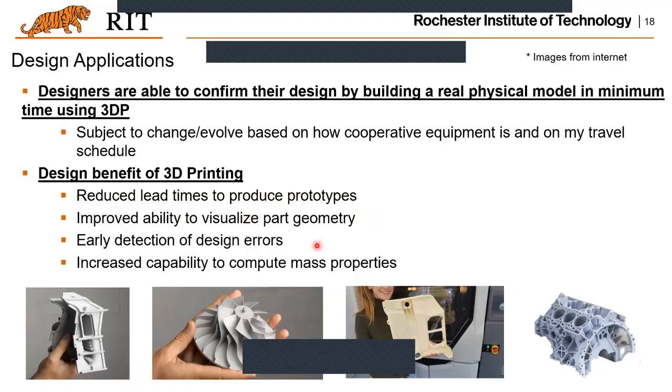And also you could visualize the part geometry before you actually produce it for mass production. And also, if you have something tangible in your hand, you can easily check the design errors, find out the problems, and so on and so forth. And again, as I mentioned, for those small and medium-sized companies, you can always do the prototyping first and prove your concept before you go to scaling up the product, right?